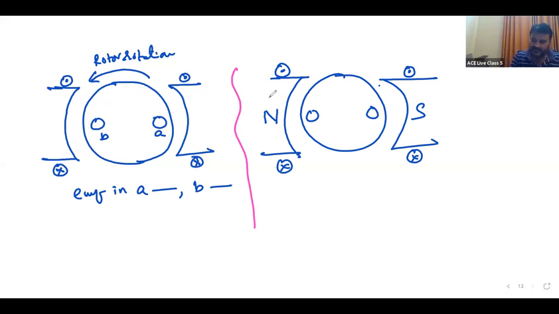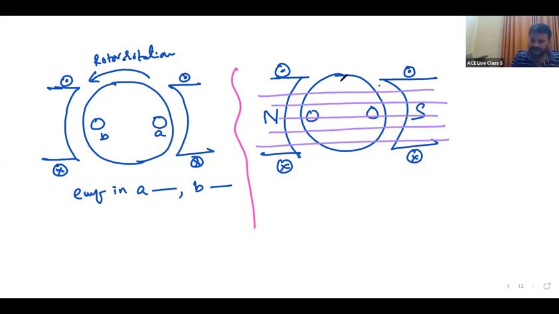But flux direction, this is the flux direction. And the conductors are moving. No need to assume they are moving. They are moving in counterclockwise direction only. Therefore, what is the flux direction? What is the motion of the conductor?